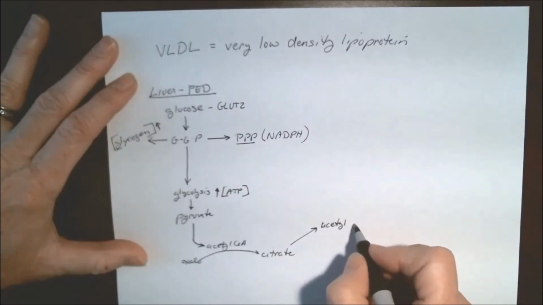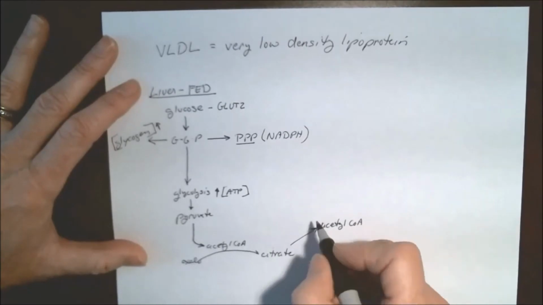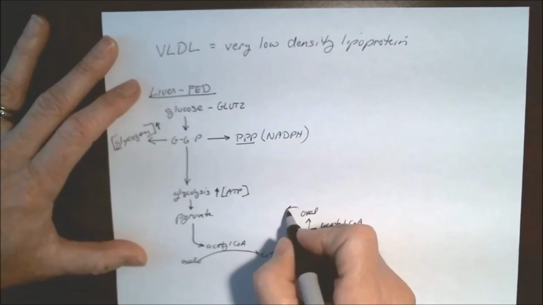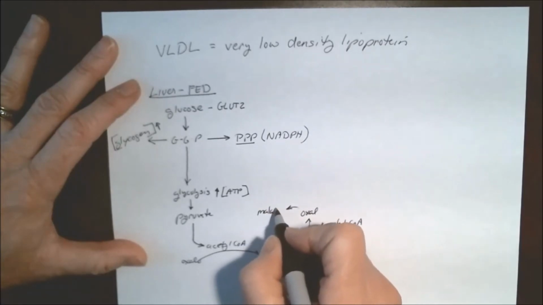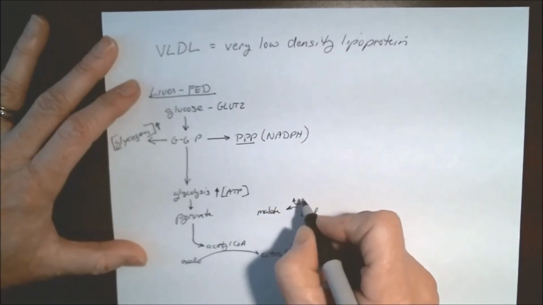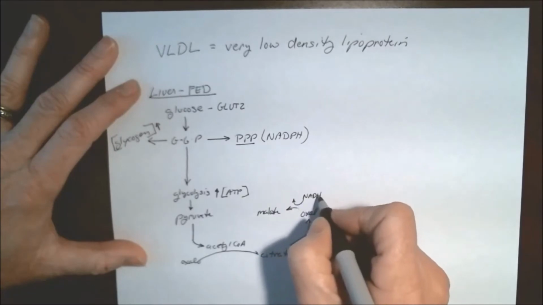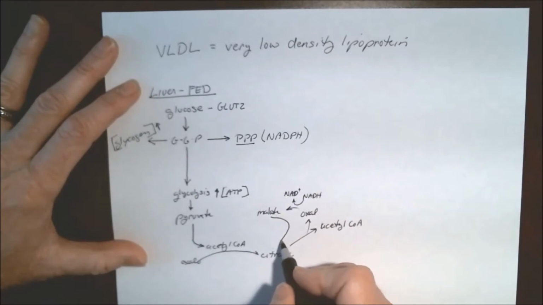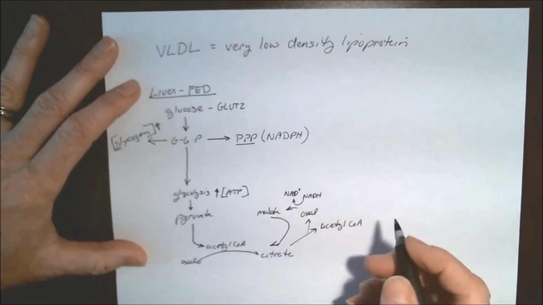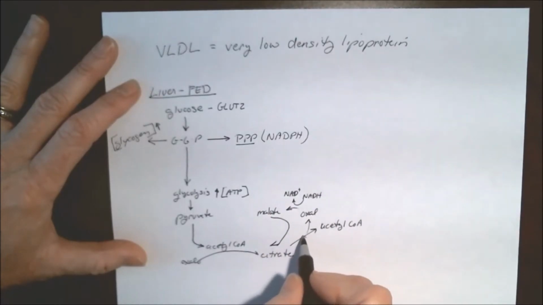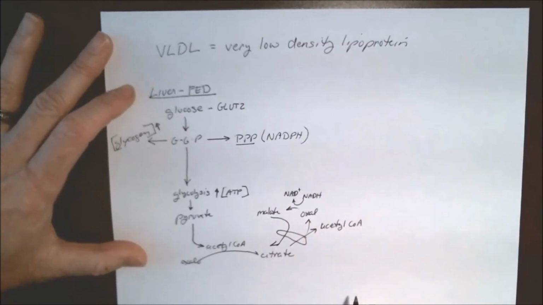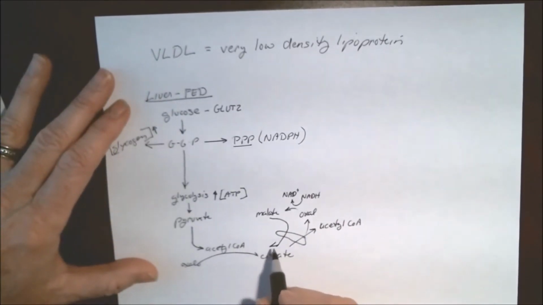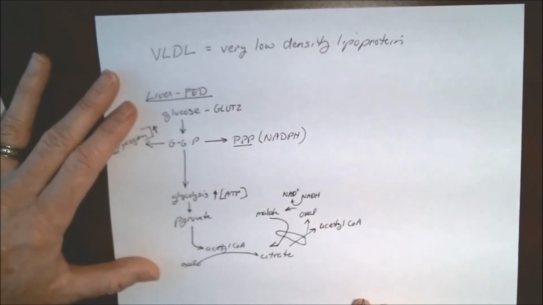And then the citrate will enter the cytoplasm, converting itself into acetyl-CoA and oxaloacetate. The oxaloacetate will pick up some NADH equivalents, forming malate, and then the malate can be transported back across the mitochondrial membrane using the citrate malate transporter.